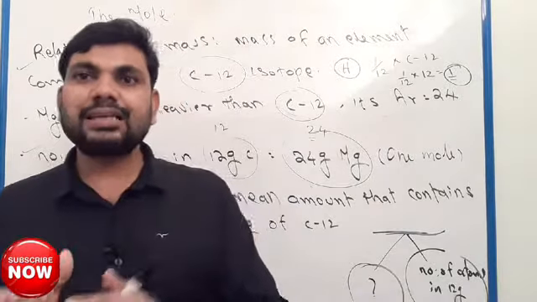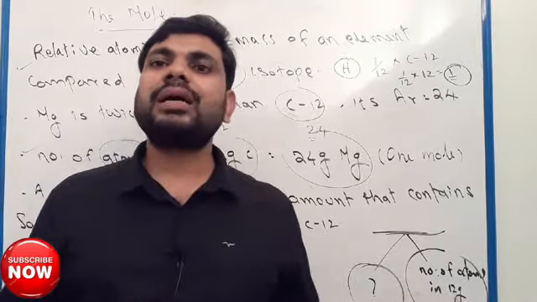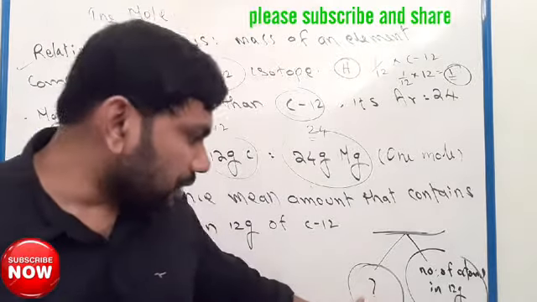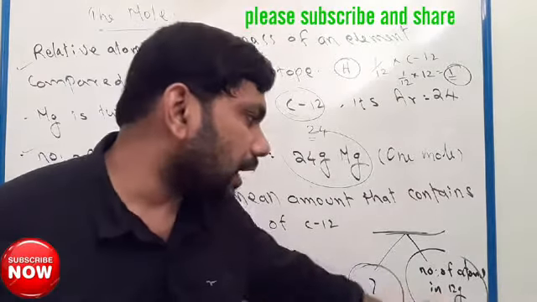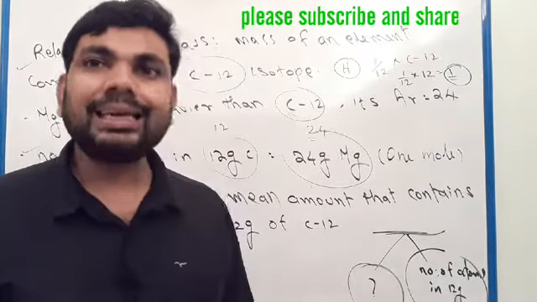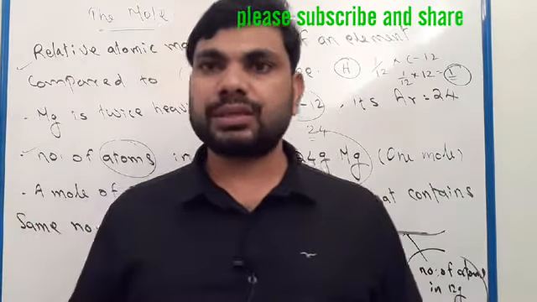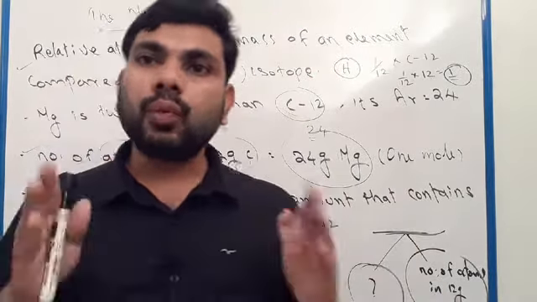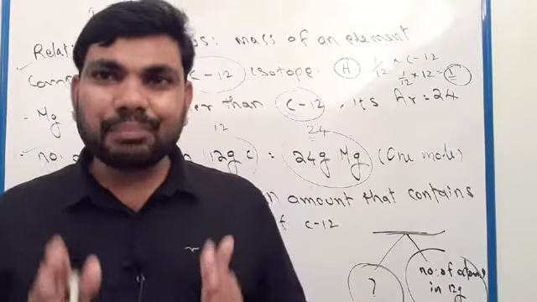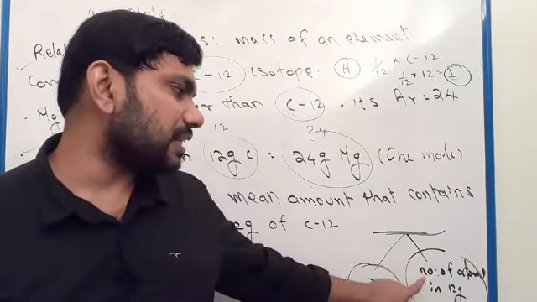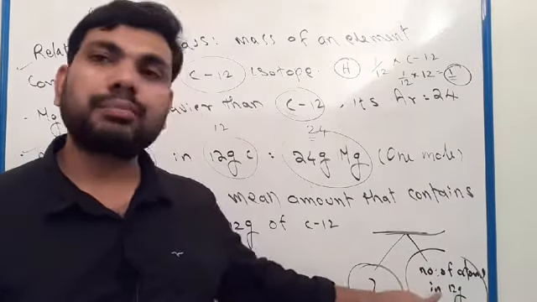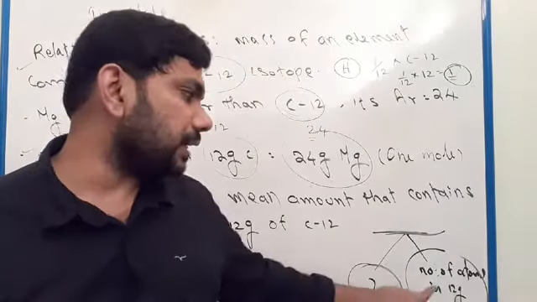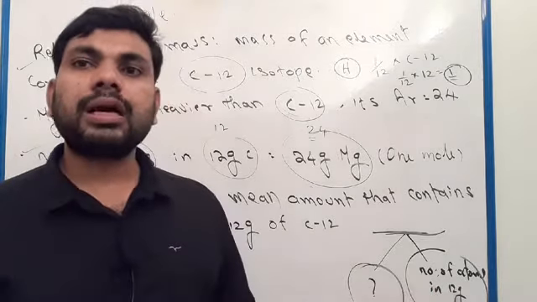One mole of a substance and 12 gram carbon 12 isotope both contain the same number of atoms. So one mole of magnesium, hydrogen or water, anything, contains the same number of atoms as 12 gram carbon 12.